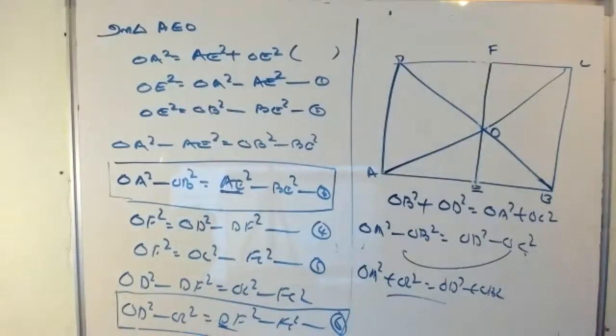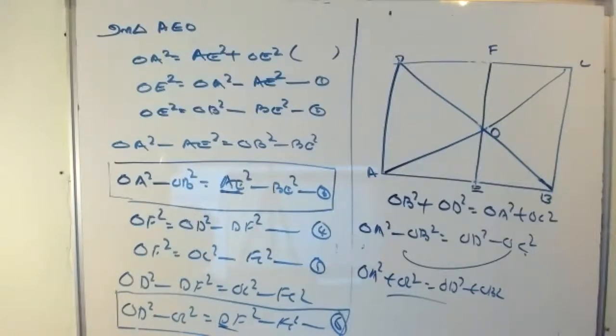So next question. In triangle ABC, this one you try yourself. This all question related to Pythagoras only, not similar triangle. In triangle ABC, AD perpendicular to BC.